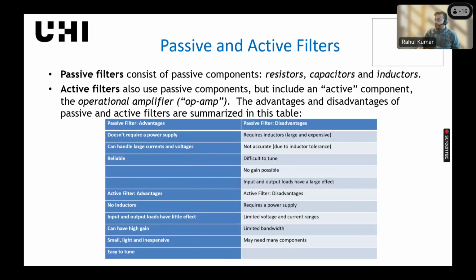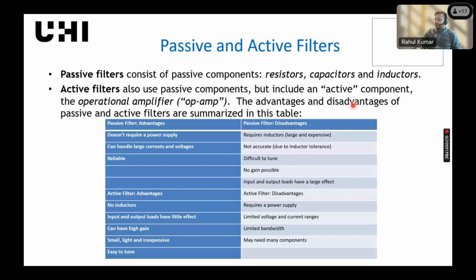Right. So first, we are going to study passive filters, which consist of passive components like resistors, capacitors, and inductors. As I've said, these passive components do not produce energy. They only consume energy.